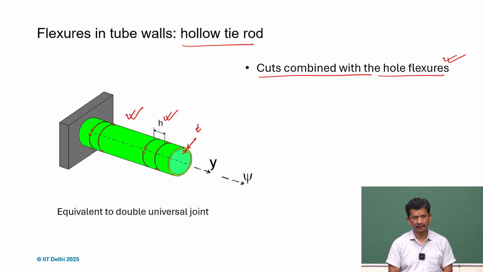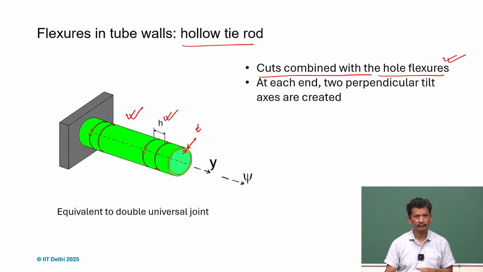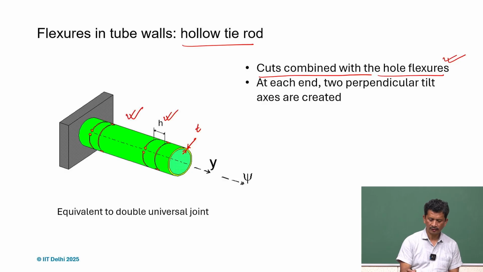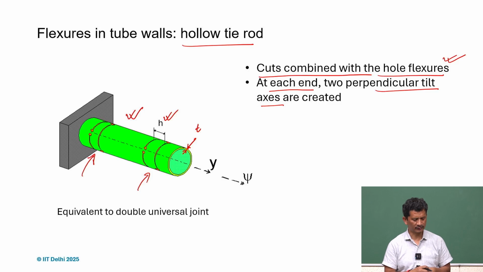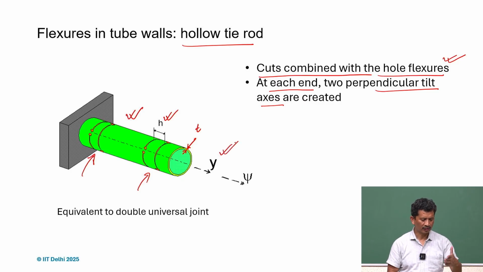So what we realize is that at each end, if we consider this end and this one, we have created two perpendicular tilt axes, in this case the z and x directions. If the longitudinal axis, the center line of the tube, is the y axis, then xz is the plane.